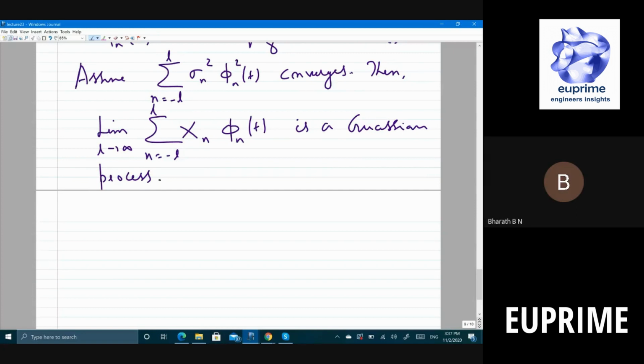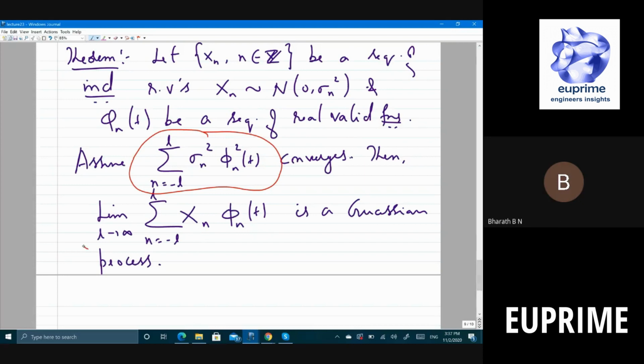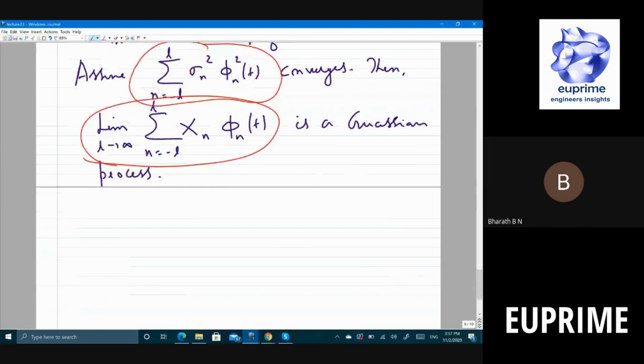It's essentially saying that if this sum converges, then this is a Gaussian process, where the X_n are independent Gaussian random variables. So this is one way of constructing a continuous time Gaussian process. Is that fine?